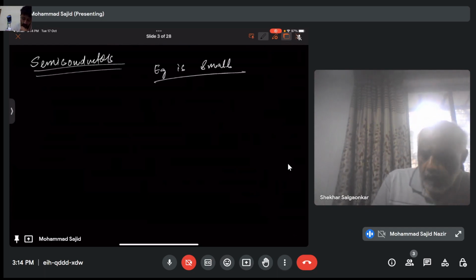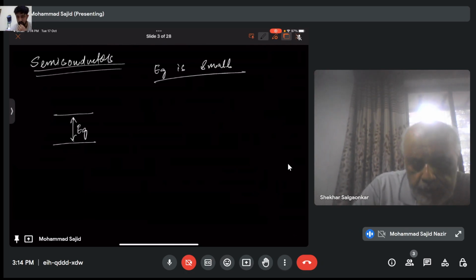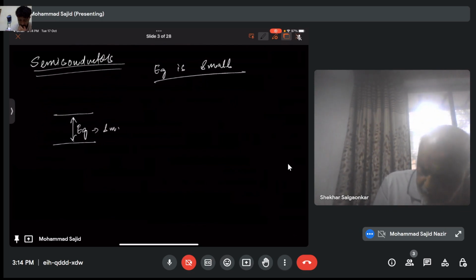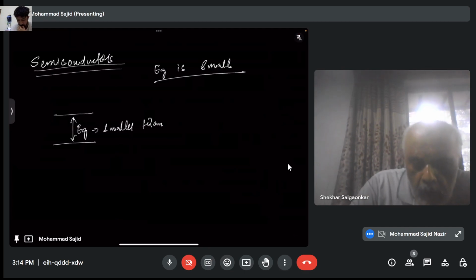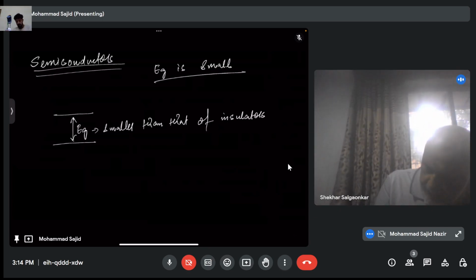That means conduction will be there, because in insulators we say that there is no conduction. So this EG is smaller than that of insulators.